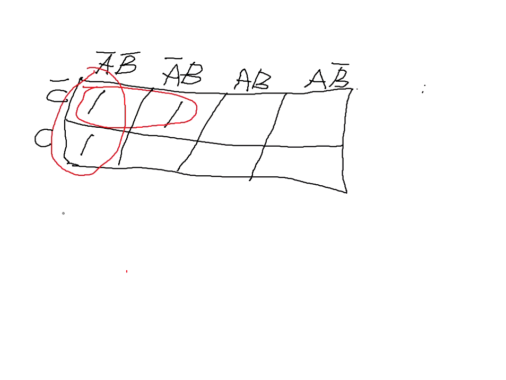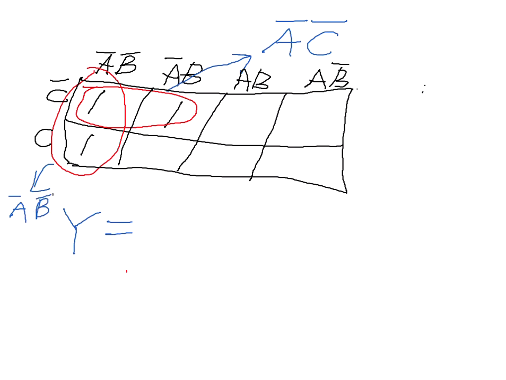So we're going to write Y. This one, the common term, you cannot say C bar. If you say C bar, this one would also be included. So you have to say A bar, C bar. And then for this one, the common term is A bar, B bar.